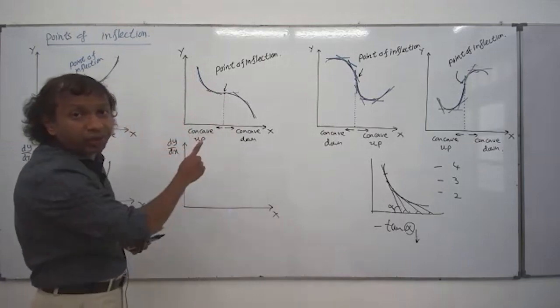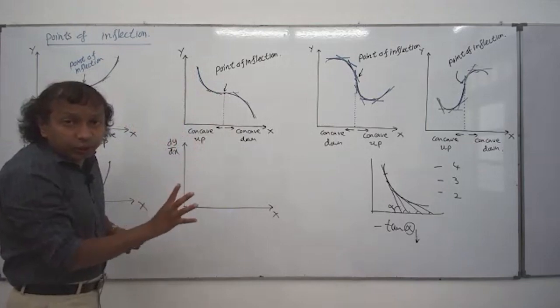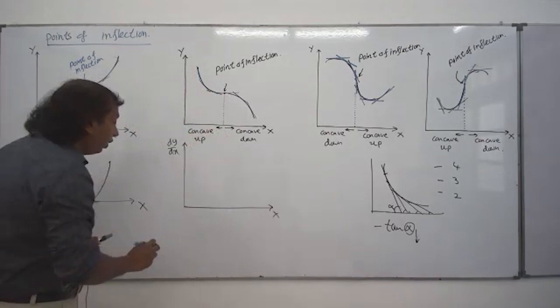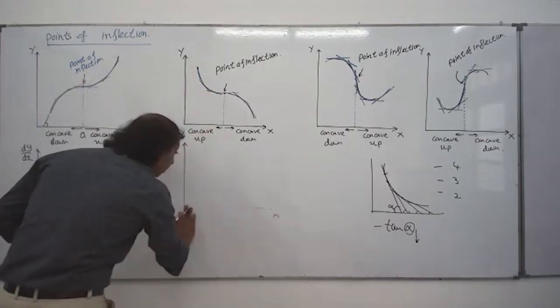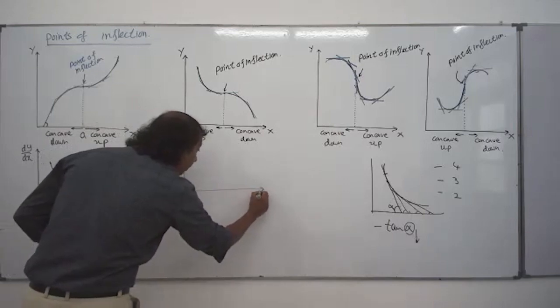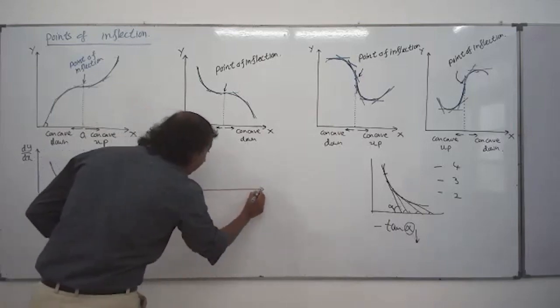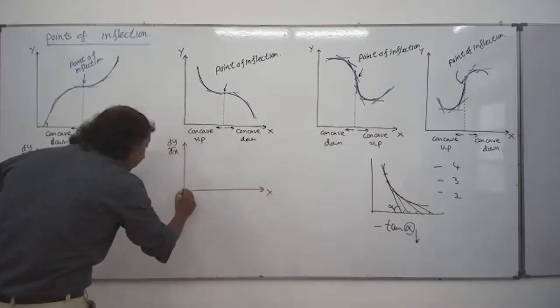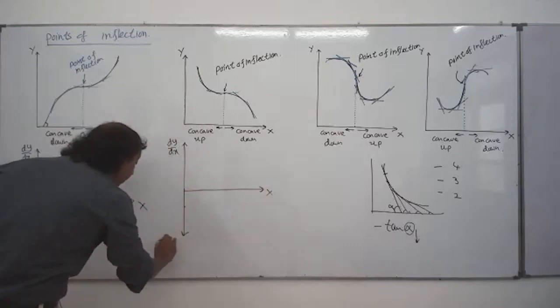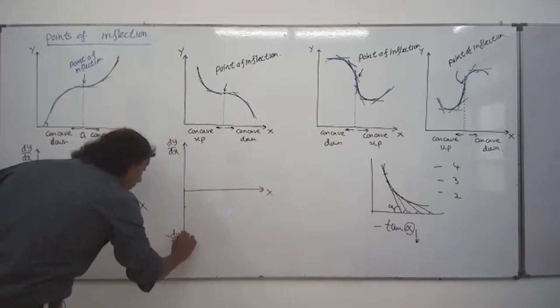On that occasion, the gradient is negative and increases up toward 0. So if we construct the dy by dx graph in this case, what kind of graph do you get, people? Here is the negative dy by dx axis.